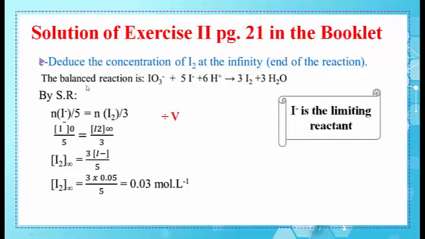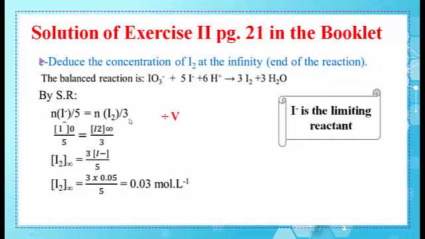The balanced reaction was IO3 minus plus 5I minus plus 6H plus gives 3I2 plus 3H2O. According to the stoichiometric ratio, the number of moles of I minus, which is the limiting reactant, over its coefficient, which is 5, is equal to the number of moles of I2 over its coefficient, which is 3. Here, because they are found in the same solution, they have the same volume, then we can divide by the volume of the solution.